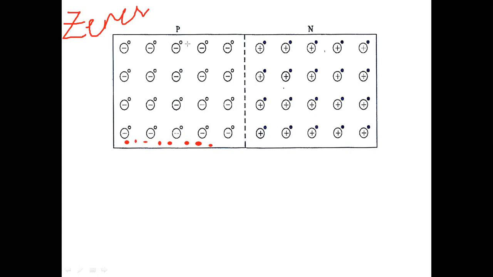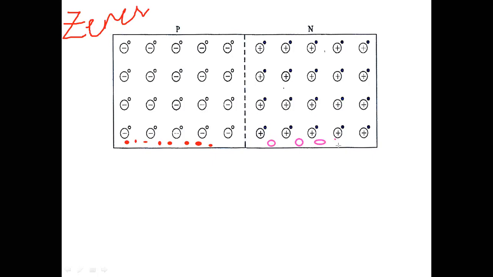Keep in mind that the hole concentration in a Zener diode is far larger than in a normal PN diode, because it is very highly doped. So the concentration of holes in the P region is very high, and the concentration of holes in the N region is less.